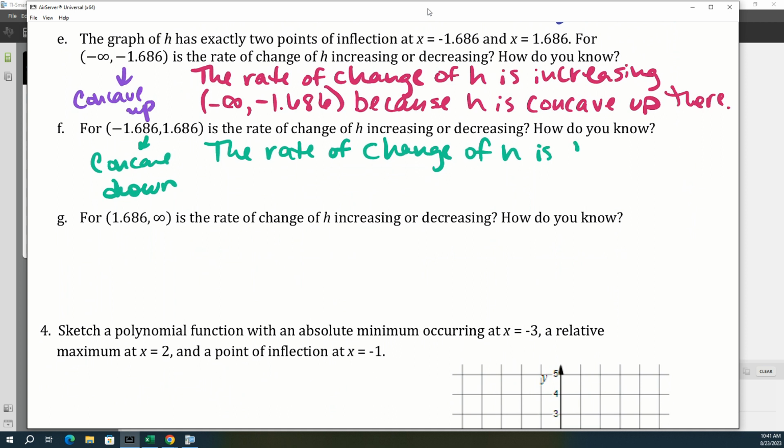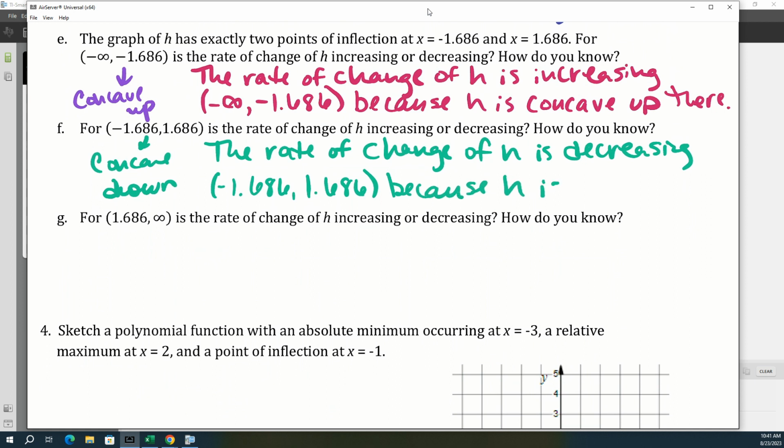Decreasing, good. And then what's the interval? Because h is concave down there. I think last period we said concave down on that interval, but this is a little bit shorter version.